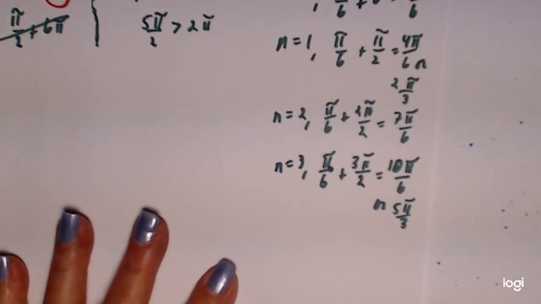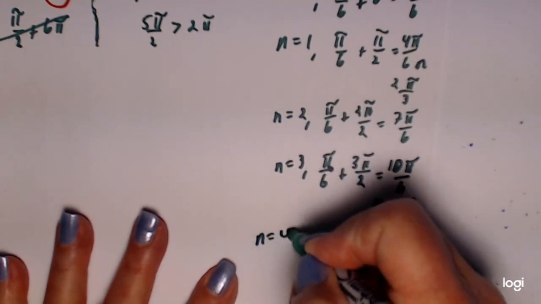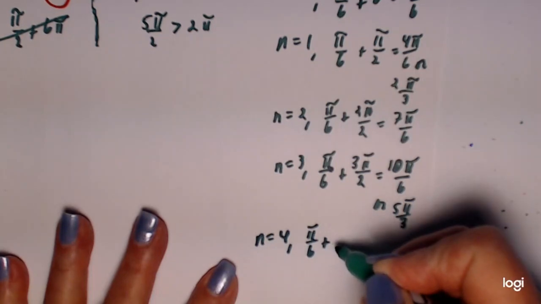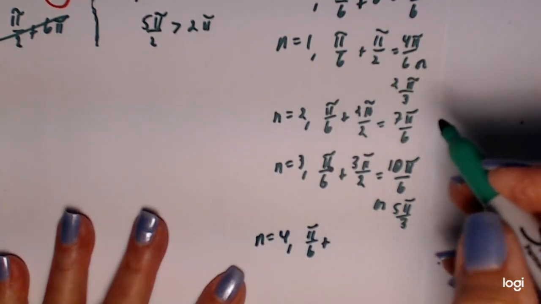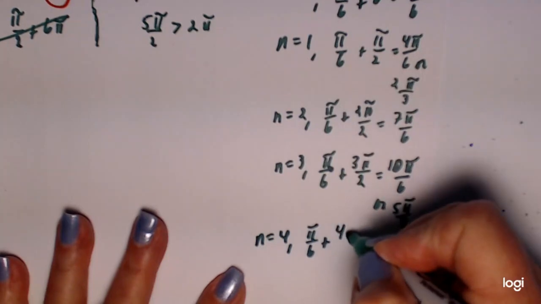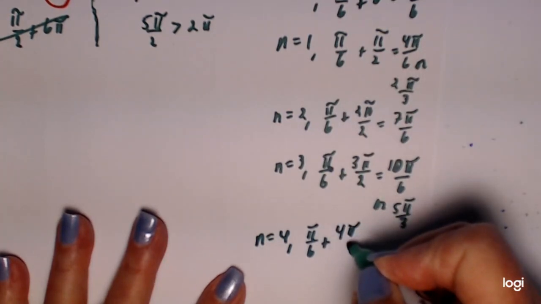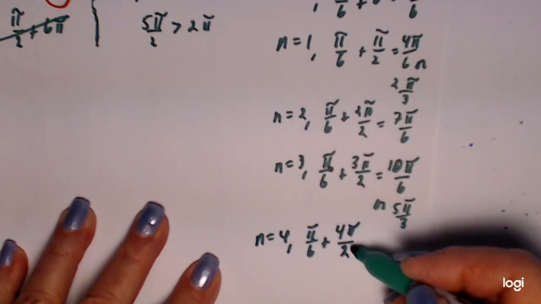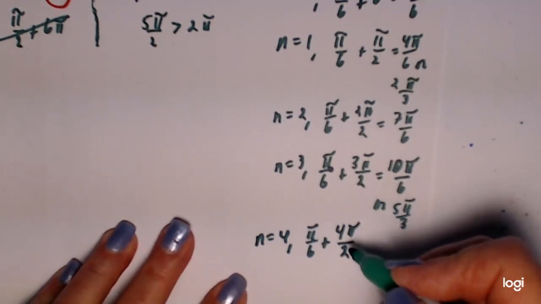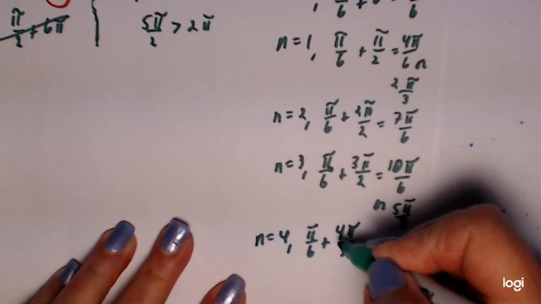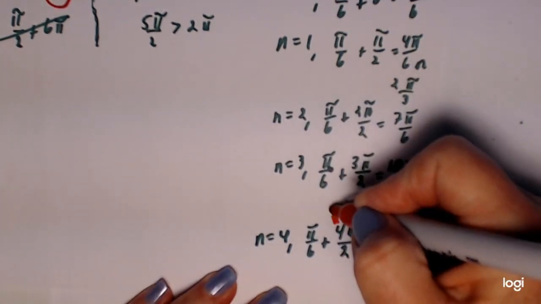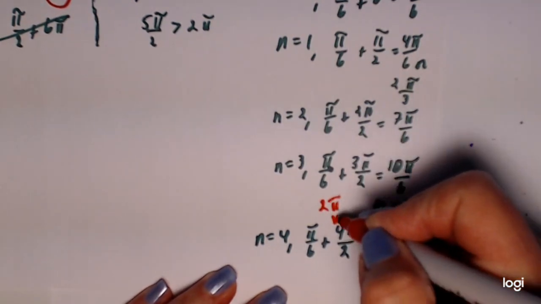So we would continue on to try n is 4. When n is 4, we have pi over 6 plus, and now when we put a 4 back there, we have 4 pi over 2 here, which is 2 pi. So we can stop right here, because 4 pi over 2 is equal to 2 pi.